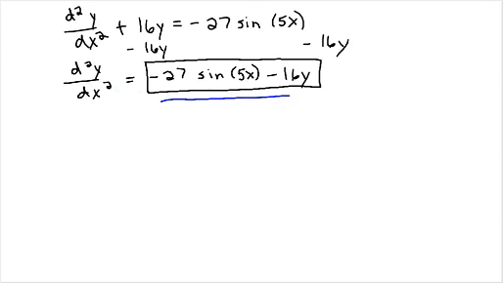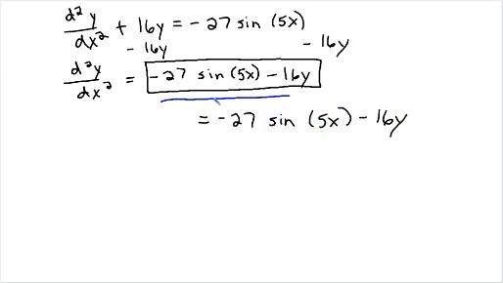So on the left side over here, I'm going to put this one, negative 27 sine of 5x minus 16y.